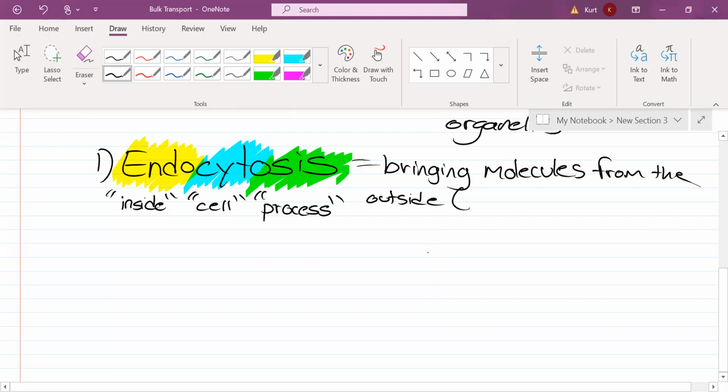Extracellular space, extracellular matrix, pretty much the same thing. You go from the extracellular matrix or the extracellular space to the inside of the cell. What do you call the inside of the cell? What's that region called? Cytoplasm.